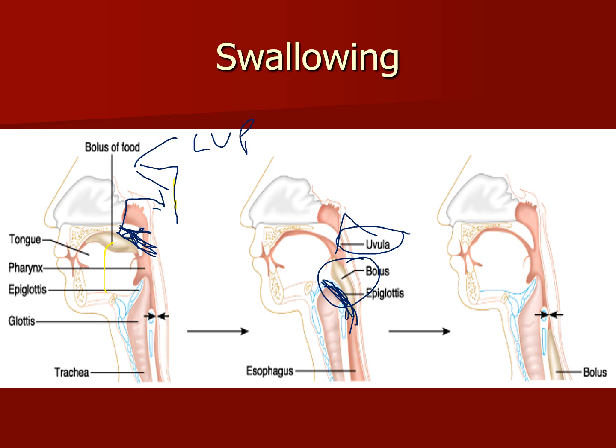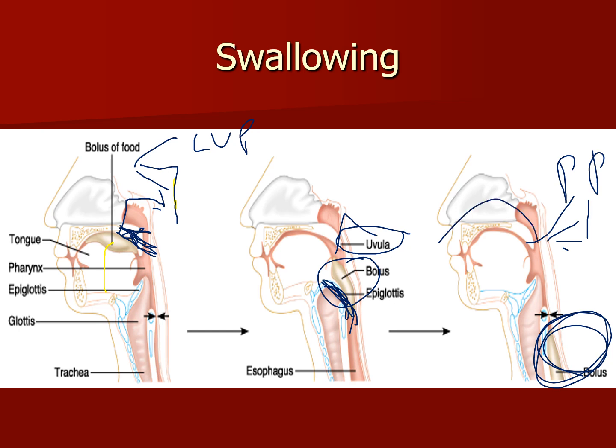And then hopefully as that bolus or that food or liquid that is going down is past that point, then the palatal pharyngeal, which moves down and forward, right, opens up that nasal cavity again, right, and the epiglottis then opens back up again. So that's sort of giving you, during a swallowing motion, what's happening with the uvula and what's happening with your epiglottis, right? It's kind of a cool thing there.